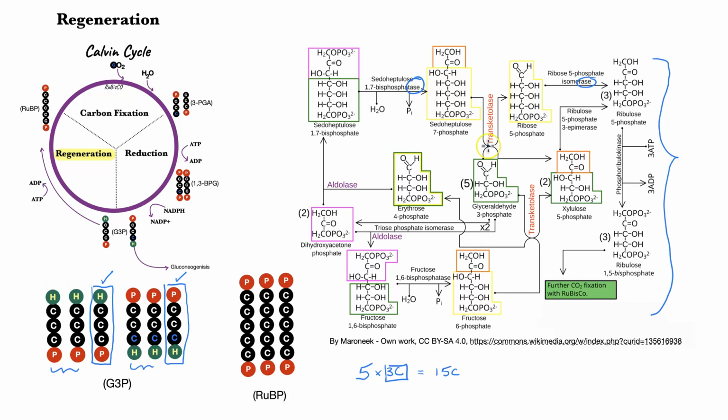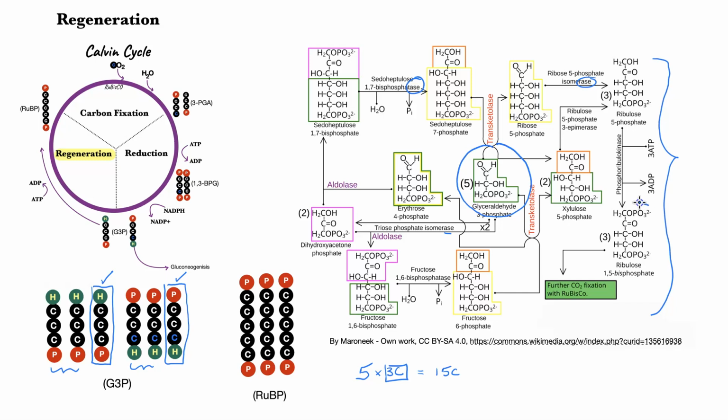Look at this, the 5 G3Ps, which have 15 carbons, go through all kinds of pathways. That's why they call it the shuffle. It's a crazy amount of movement going around here if you want to follow all of this.